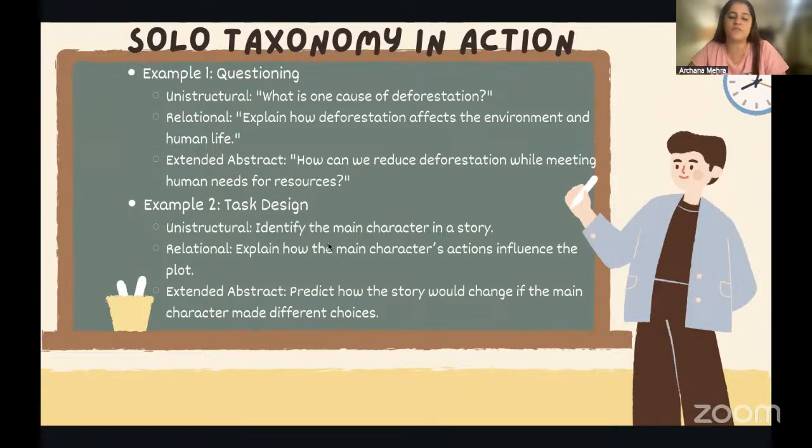The next level would increase: explain how the main character and actions influence the plot. And the extended abstract could be: predict how the story would change if the main character made a different choice, or if you change the main character's role in the story. So this is how you plan the assessment if you want to know the level of understanding of the child in a particular concept.